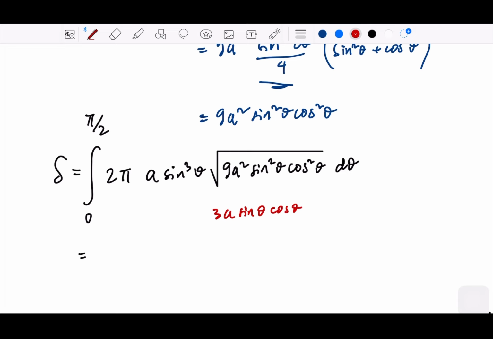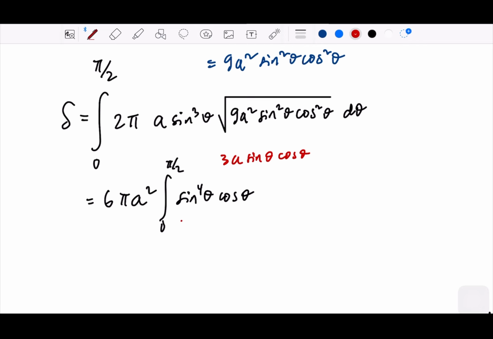So 3 times 2 is 6 going outside, pi a squared, and then still integrated, we have sine to the 4th theta cos theta, okay?